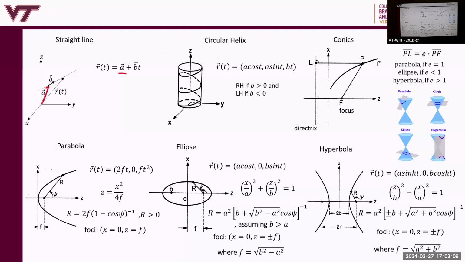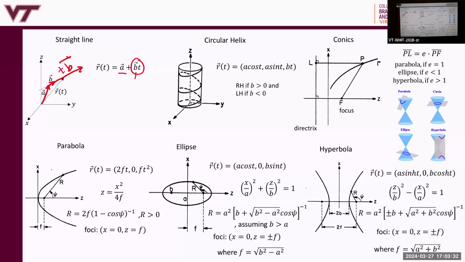Here's this vector a. Then we have a vector b, which is tangent to the curve, in the direction of the curve. So we need those two vectors, and then we can parameterize the entire line, because if I scale that tangent vector by t, then this vector b gets longer and longer. So maybe this is t times b.